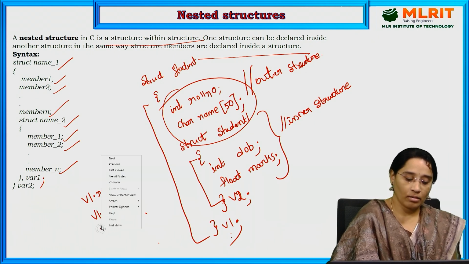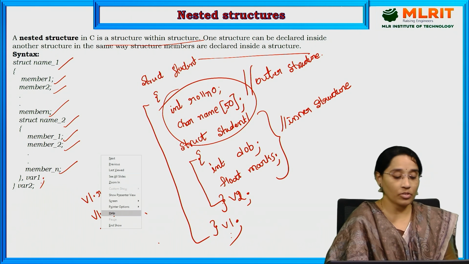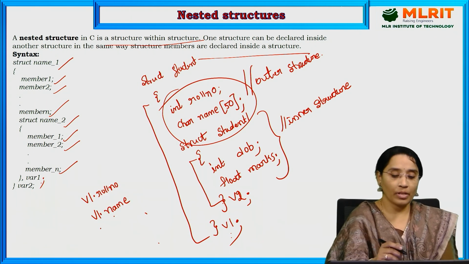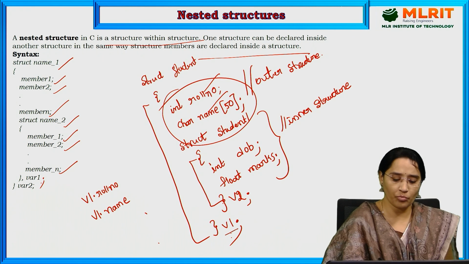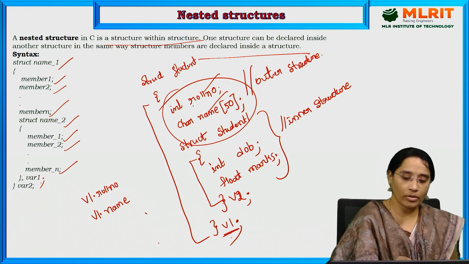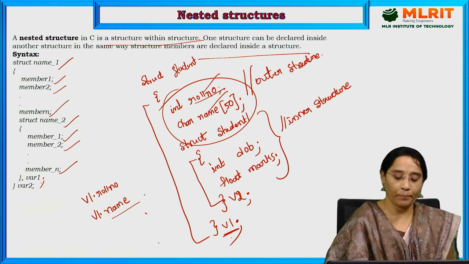There are only two members in the outer structure, and the variable we have taken is v1.